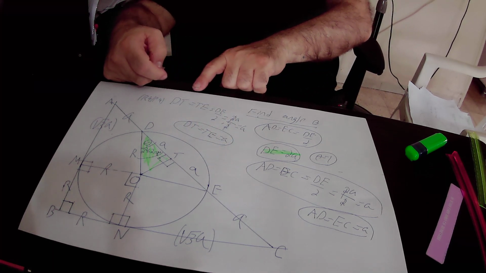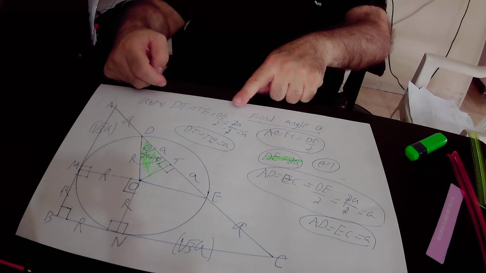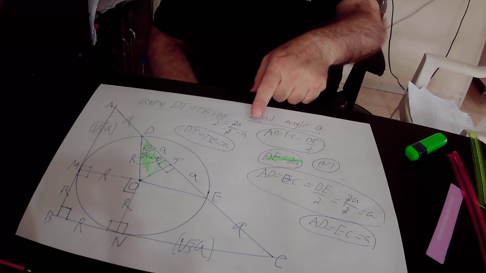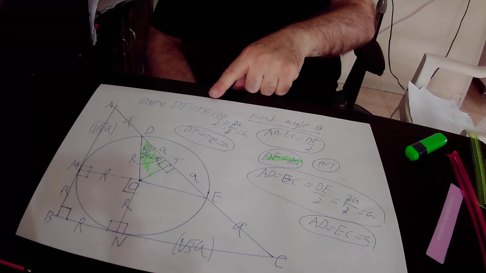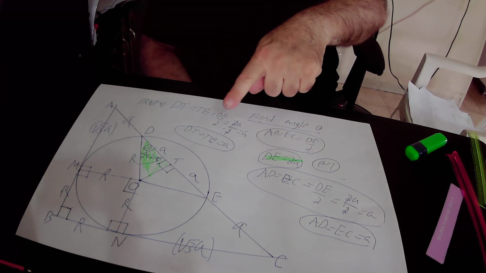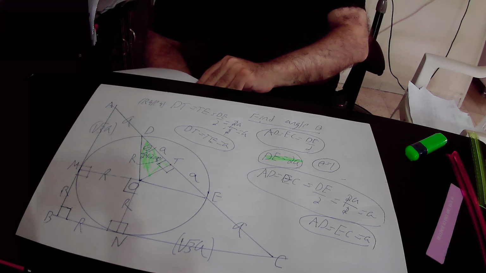DE equals 2A, so we substitute DE by 2A. 2A over 2 is A. So in conclusion, we found out that DT equals TE equals A. That is to say, DT equals A, and TE also equals A. Okay?